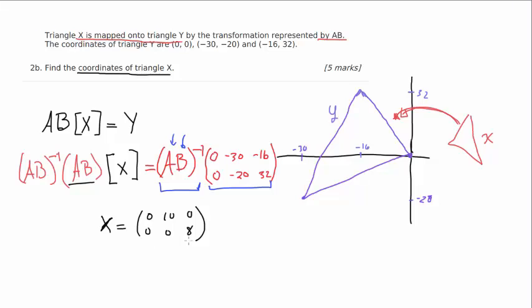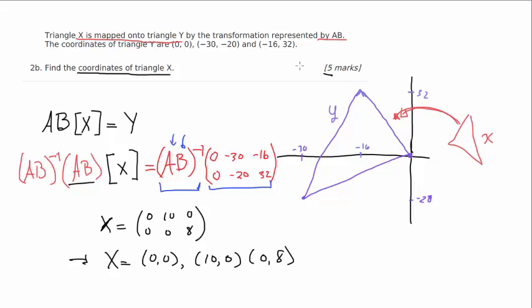This is the matrix representation of the triangle. So what you really need to tell me then is x is equal to the following coordinates: 0, 0, 10, 0, and 0, 8. And yes, this last step is going to be worth one of those 5 marks, that you've written it as a coordinate.